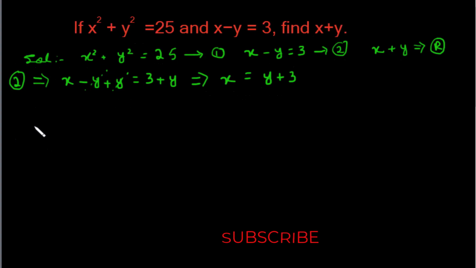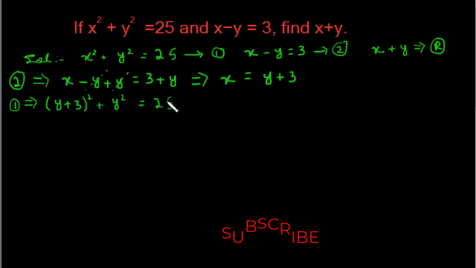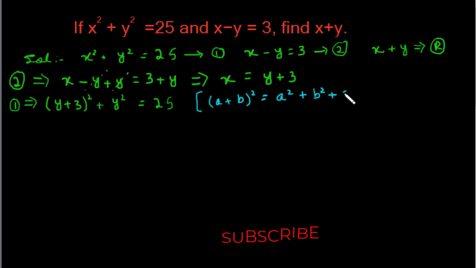That will give us equation 1 as y plus 3 whole squared plus y squared is equal to 25. Now we know the identity that a plus b whole squared is equal to a squared plus b squared plus 2ab, where a is the first term and b is the second term. Similarly, I will treat y as a and 3 as b.